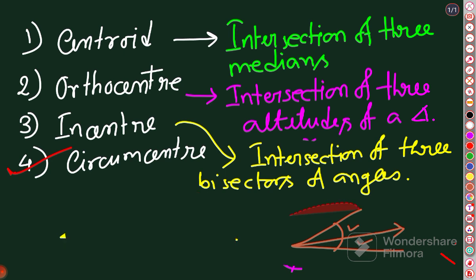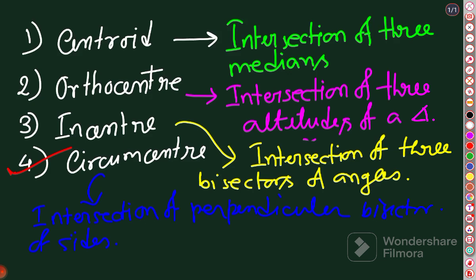Circumcenter is the intersection of perpendicular bisectors of sides. Okay, I'm showing you how to draw this.